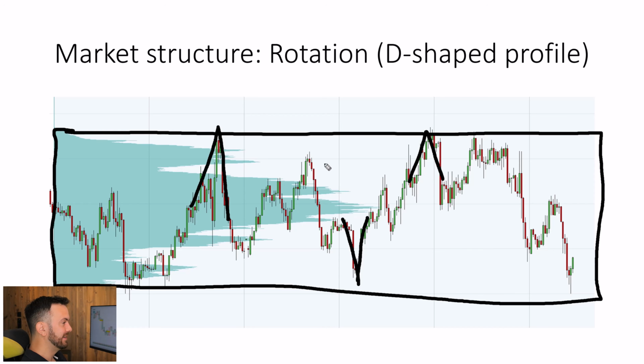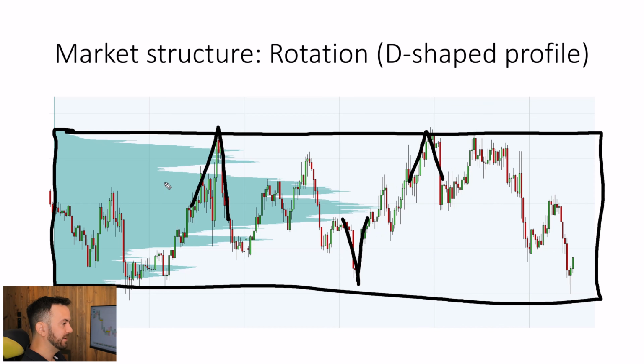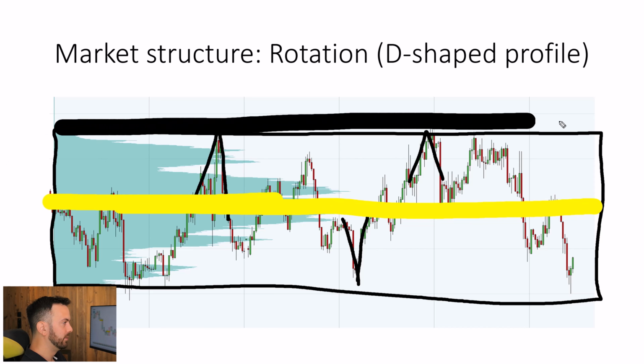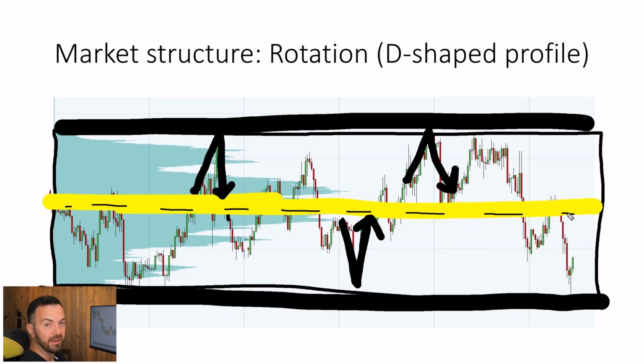And the reason is that when the market is rotating, the price tends to return to that channel. So let's say that this is the center of that channel. This is the high border. This is the low border of that channel. And the price simply makes those rejections and goes back towards the center of the channel. That's why you want to prioritize those rejections that are inside a channel, or in other words, in a rotation like this.